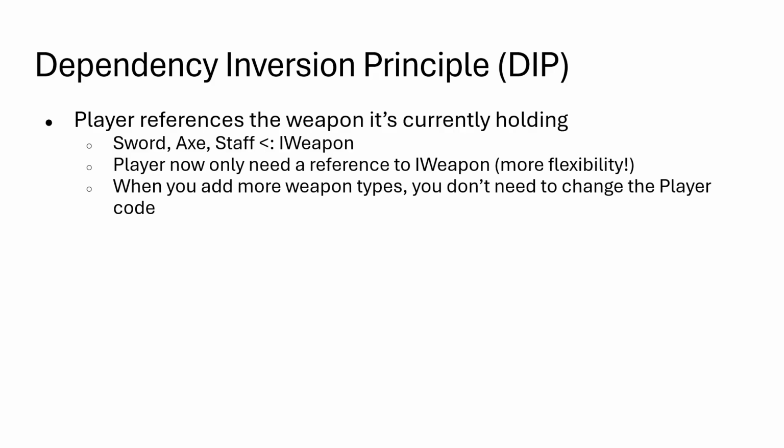So it allows us to have more flexibility, and I don't need to change my player code when I add more weapon classes. And then I don't really need to have a base implementation of a concrete or an abstract class of the iWeapon interface, which makes it much easier for you to reason about the contract and implementation relationship between different classes and interfaces.